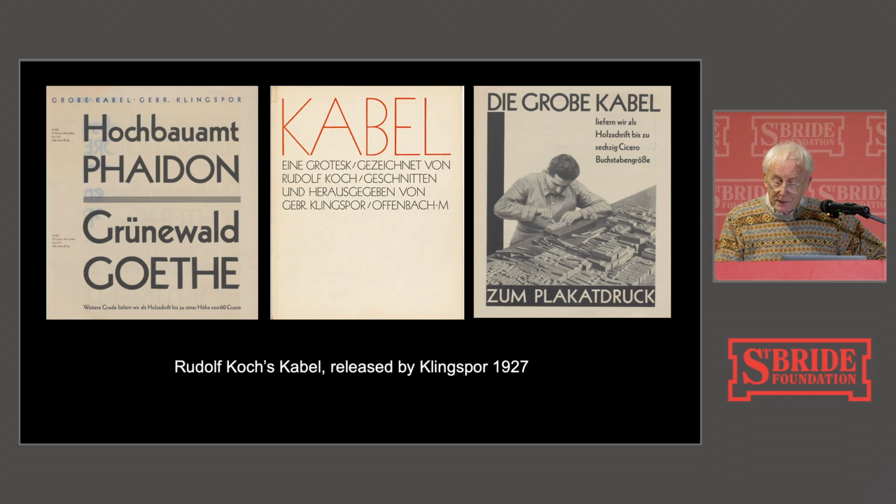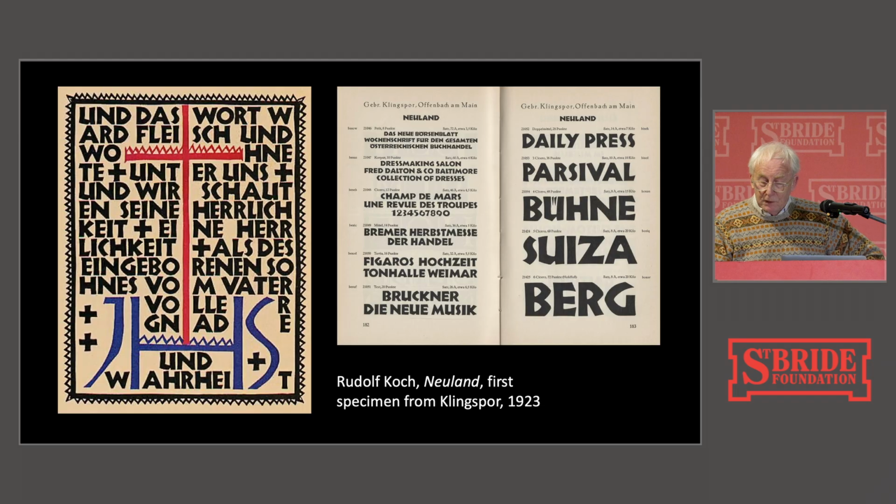He had already designed probably the most successful of the expressive display types, Neuland, which was produced by Klingspor in 1923. But this could not be regarded as in any way equivalent to the role that he regarded his Fraktur typefaces to perform, especially Deutsche Schrift, as we've said.